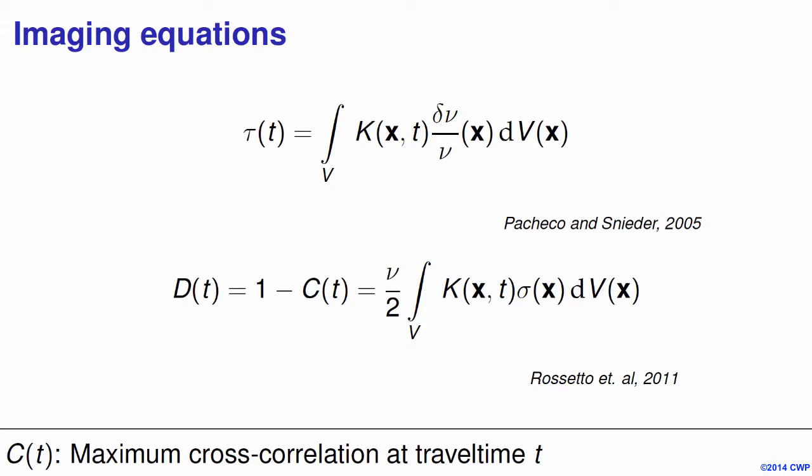The first equation relates travel time changes to the fractional velocity change within the medium. While in the second equation, you relate the decorrelation between the time-lapse changes to changes in the scattering cross-section of your scattering medium, sigma. So for our imaging problem, we have two data available to us: the change in the travel time of the time-lapse scattered waves, tau, and also the decorrelation.